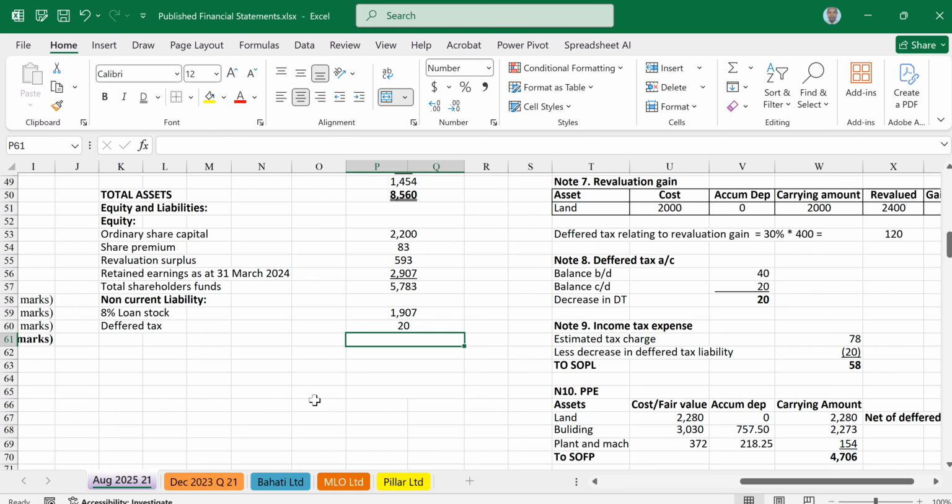So 1907, then 20, which is the balance carried down. That is all, you get the total.